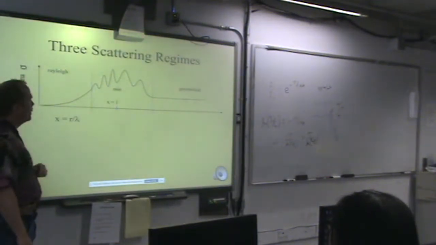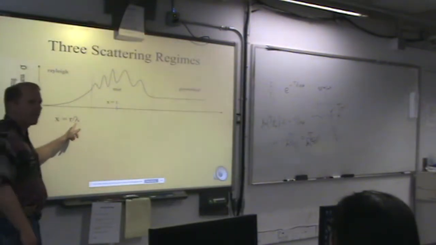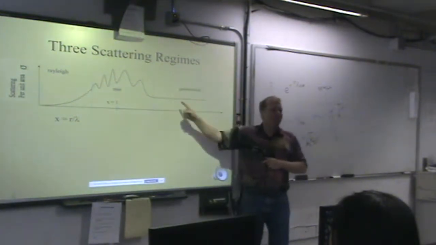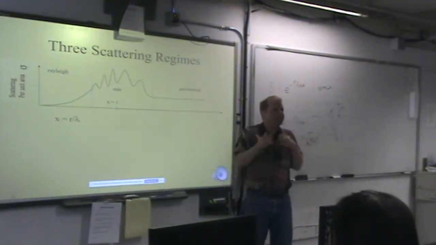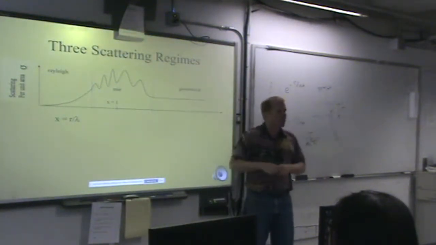Now, what we are used to is when the radius of things, like us, are much larger than the wavelength, we get a constant scattering per unit area. Okay? If you take a little me and a big me, if little me is 1/2 the size, I get twice as much light reflected off of little me. That's because I'm much bigger than the wavelength.